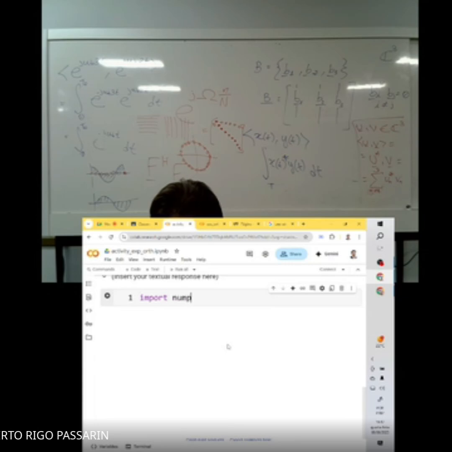Import numpy as np. Let's create some diagonal matrix A, with np.eye.